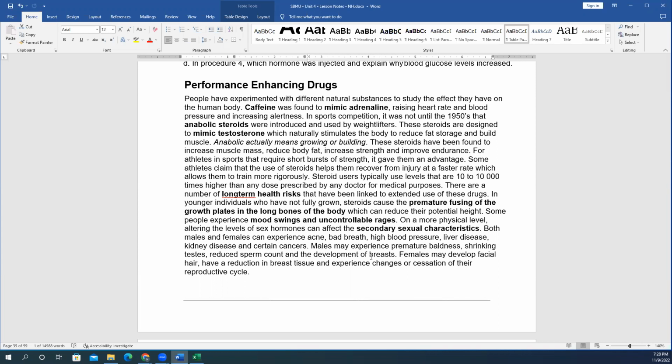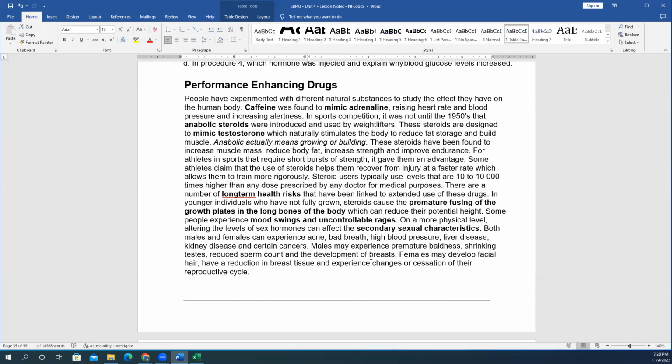And so historically, people have experimented with many different natural substances to look at the effect that they might have on the human body. Certainly, caffeine is one famous one that is found to mimic adrenaline somewhat, raising heart rate, raising blood pressure, increasing alertness.